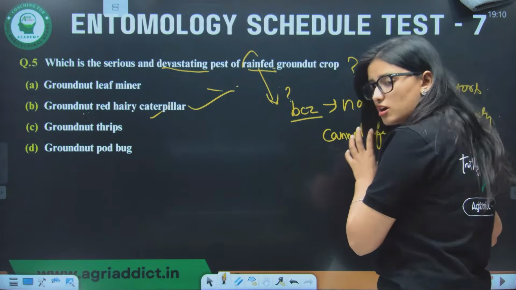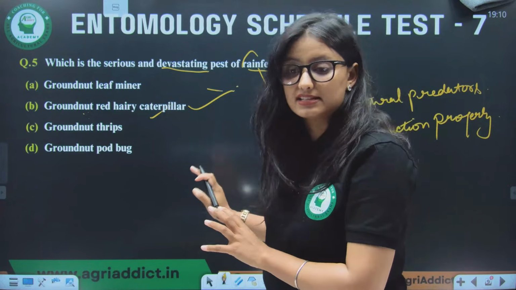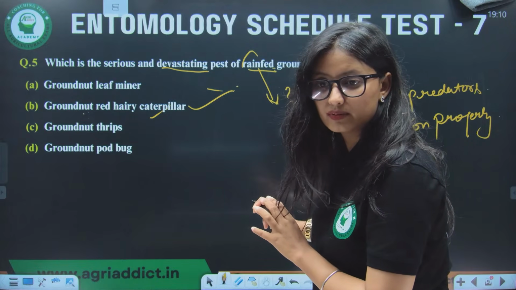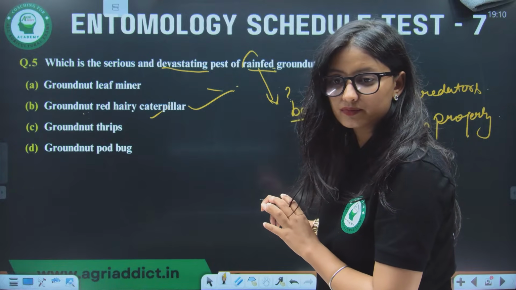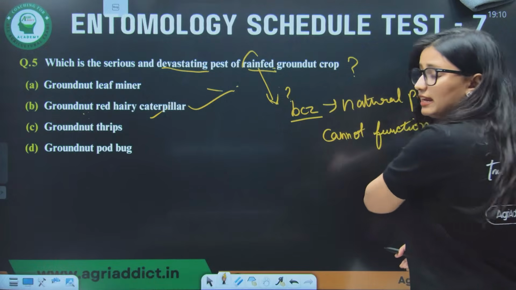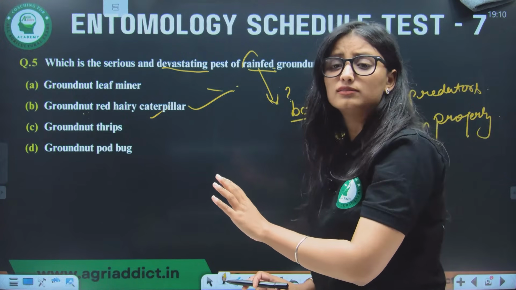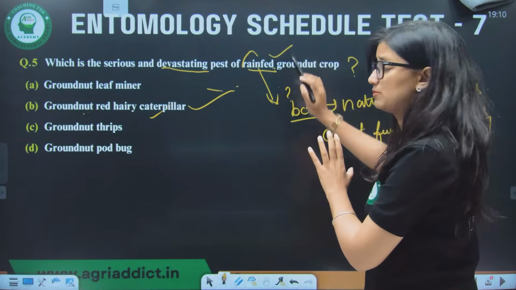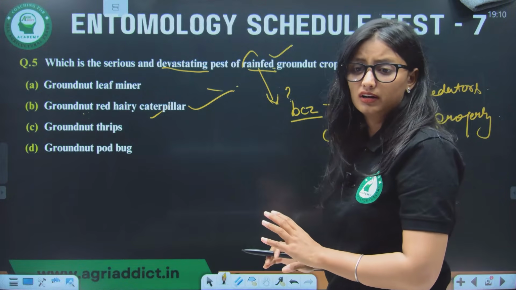During rain-fed condition, its natural enemies are not able to survive or function properly.